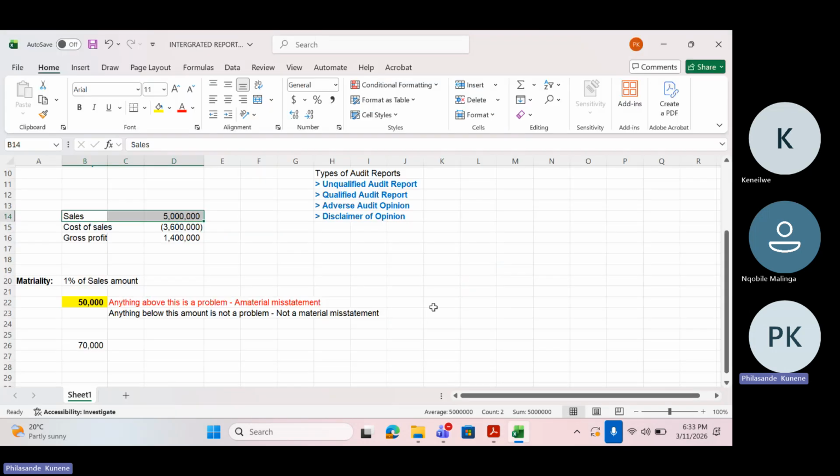But one thing that you need to be careful of, with this materiality, is that it also depends how many errors you make. I can accept one error that is 30,000. I'll say, okay, it's fine.